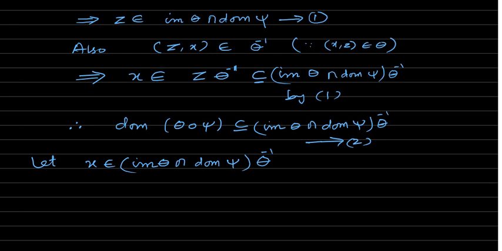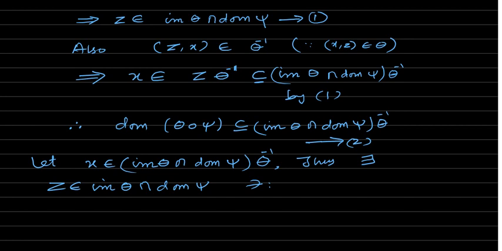So by definition there exists z in image of theta intersection domain of psi such that (x, z) belongs to theta inverse, or you can say (z, x) belongs to theta.